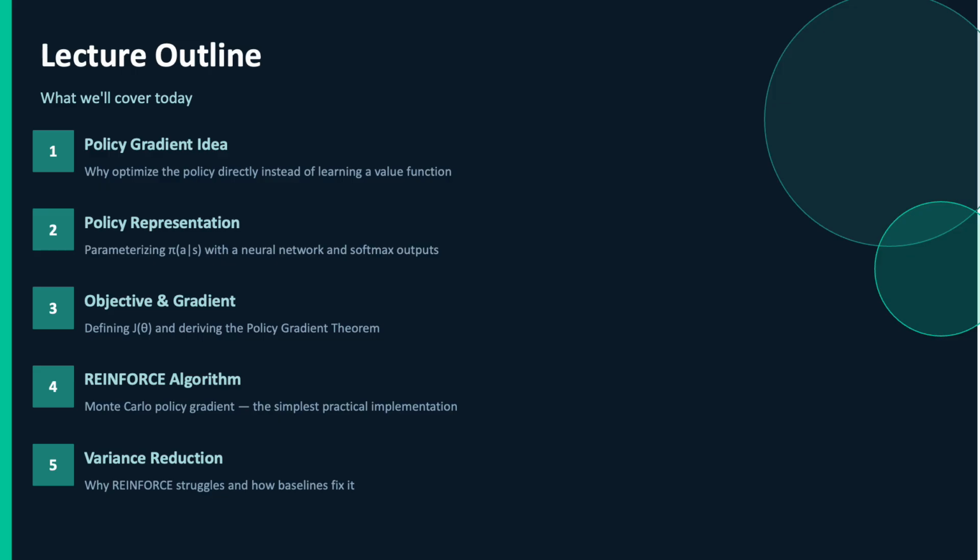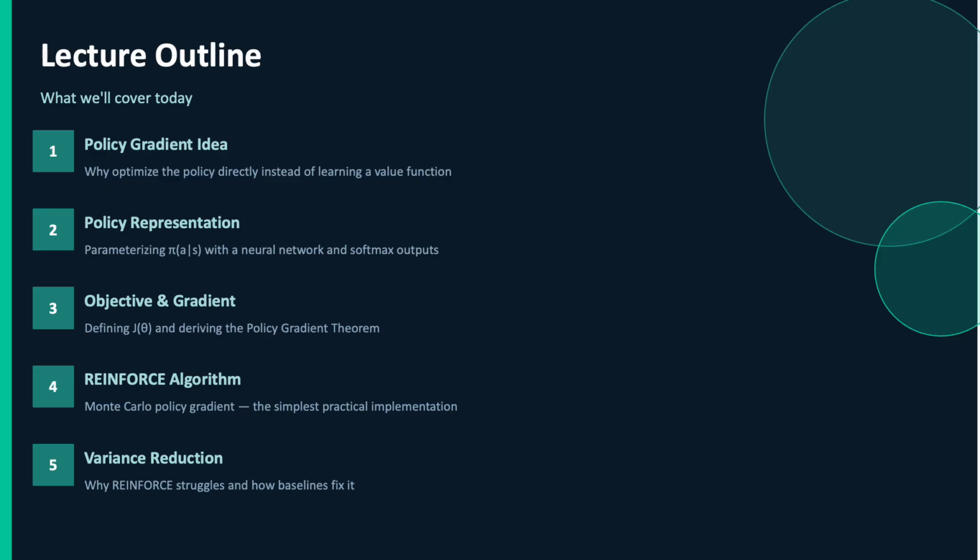We then get precise about how to represent a policy as a neural network, which is more nuanced than it looks for continuous action spaces. From there, we define the objective function J of theta and derive its gradient using what's called the policy gradient theorem. It's the theoretical foundation of everything that follows.